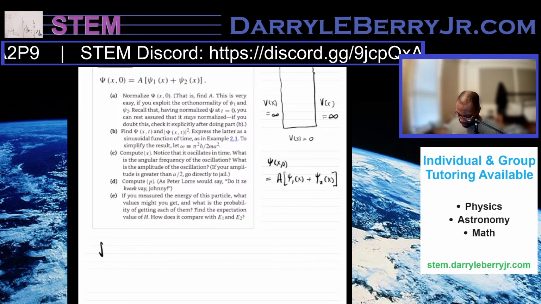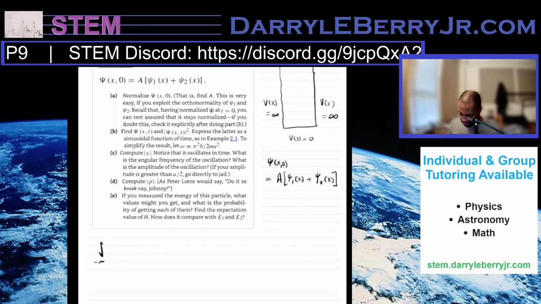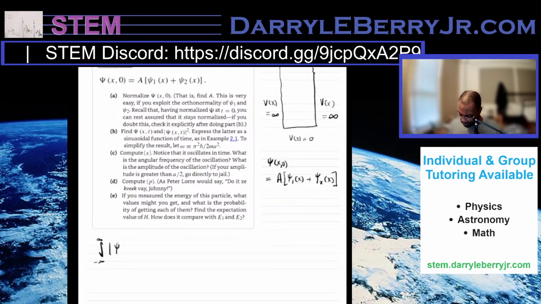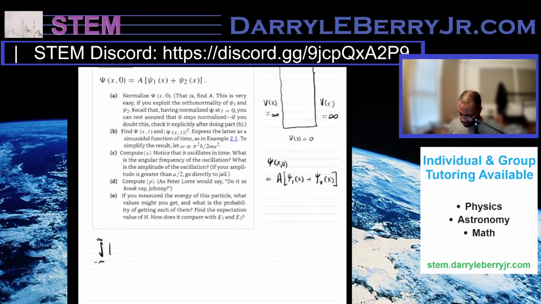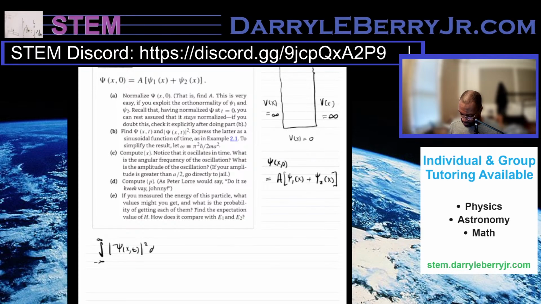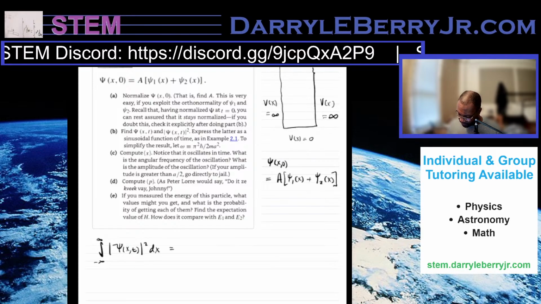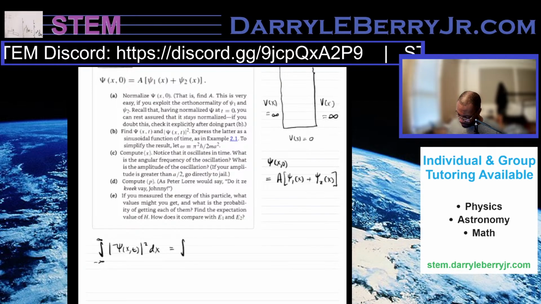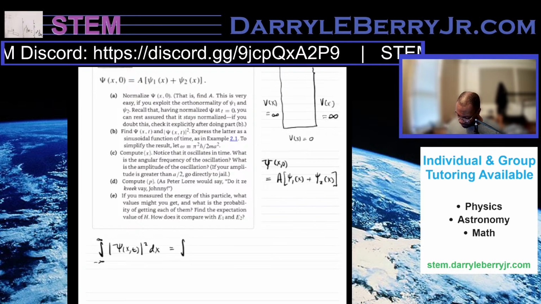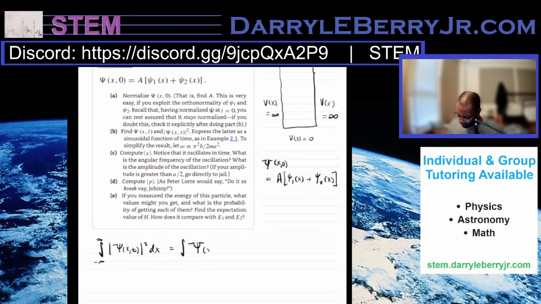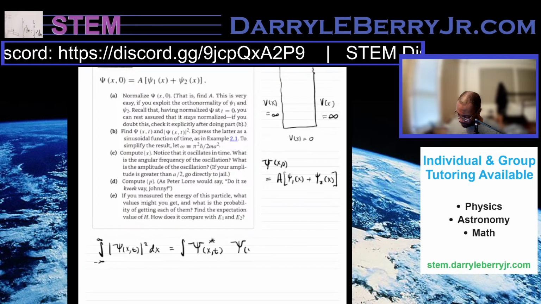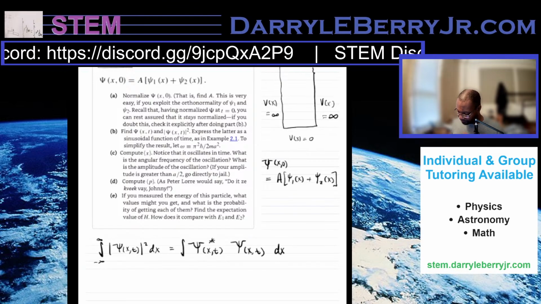So going off of what we did earlier, we know that the integral from negative infinity to infinity of psi squared dx equals, and technically this is a big psi, but t is 0, so that's the complex conjugate times psi dx.